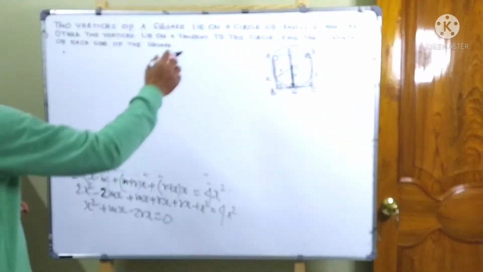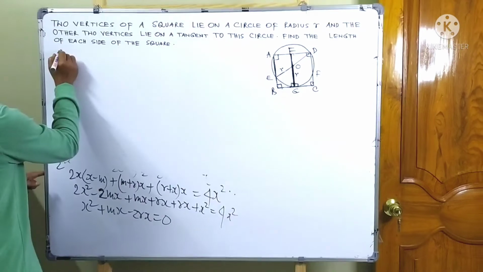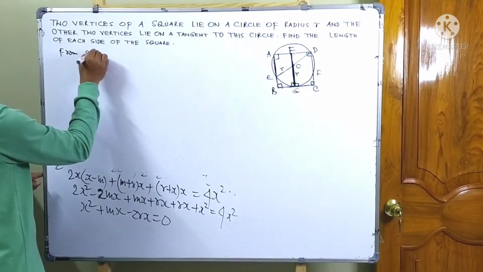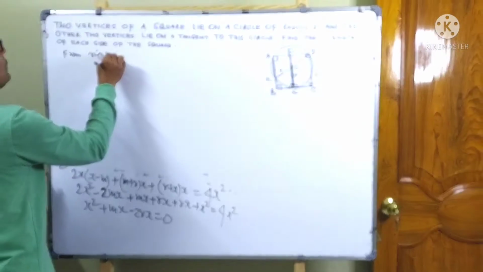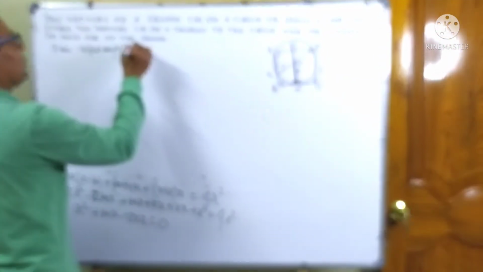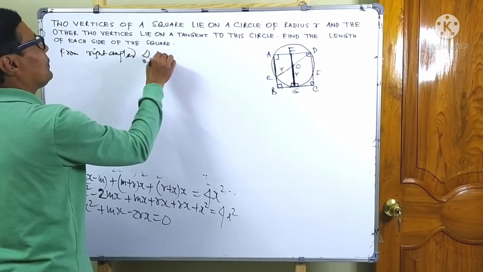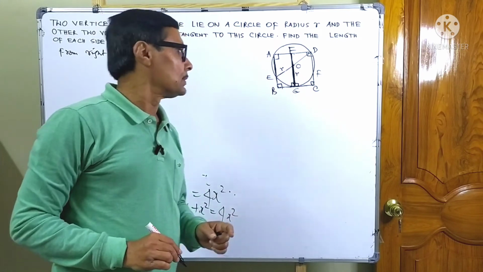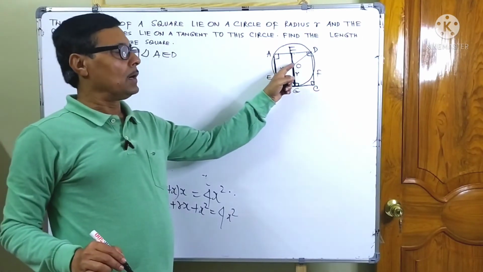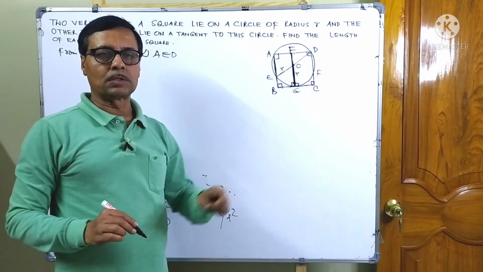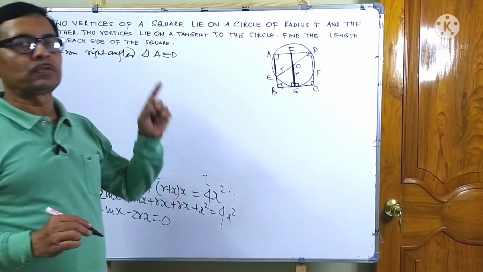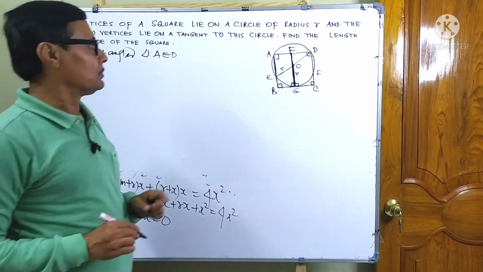Now, from the right angle triangle AED, we can say that the square of the hypotenuse is equal to the sum of the squares of the other two sides. This is known from the Pythagoras theorem.